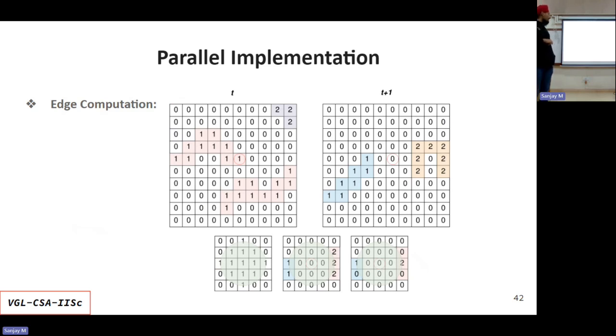Edge computation is broken down into basically a simple mask. So we want to, let's say, look at edges in a 70-kilometer radius. You pick up a 1 point, which is a non-zero point, from time step t, and you go to the same location in t+1 and extract the neighborhood that we want to look at.